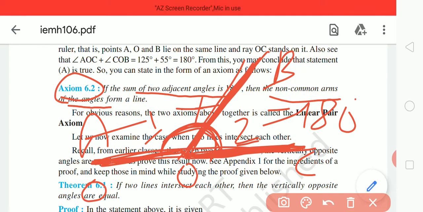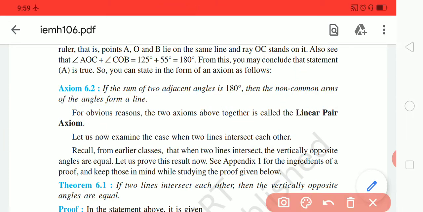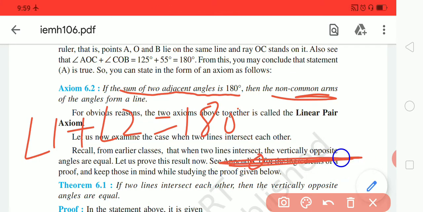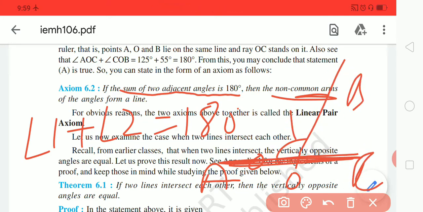What we have to show here is that if the sum of two adjacent angles, angle 1 and angle 2, is 180 degrees, then the non-common arms, that is OA, let me again, this is A, O, C, and this is B I have taken. So this is angle 1 and 2. The non-common arms are OA, with angle 1 on OA and angle 2 on OC.